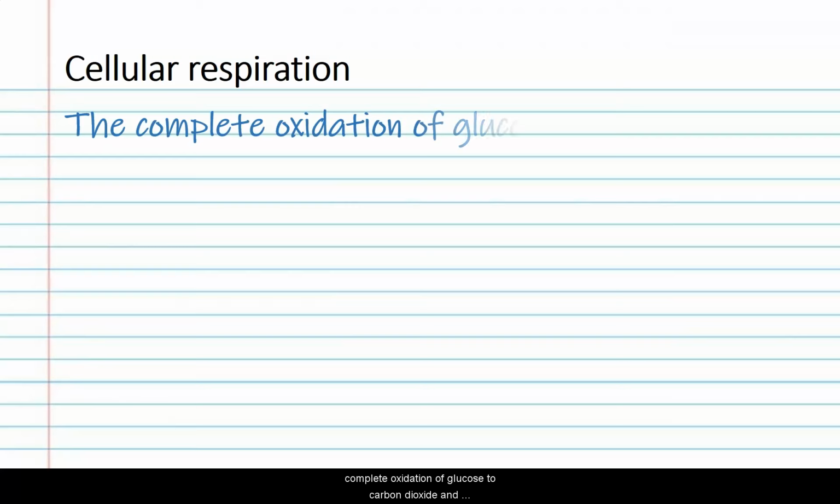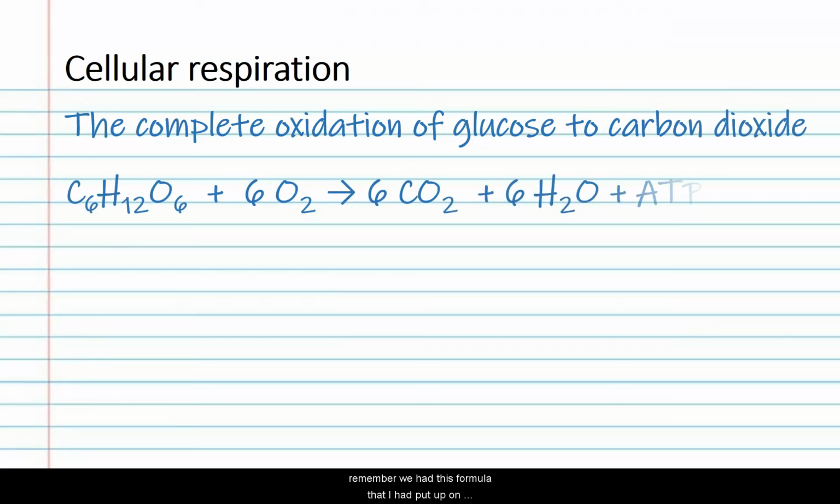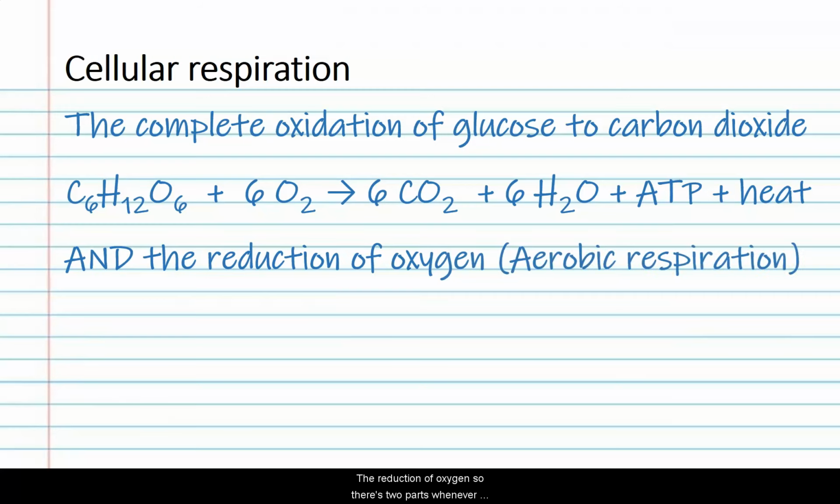There is the complete oxidation of glucose to carbon dioxide, and remember we had this formula that I had put up on the screen during the last lecture. The second half of that formula is the reduction of oxygen. So there's two parts. Whenever you oxidize something, you have to reduce something else.